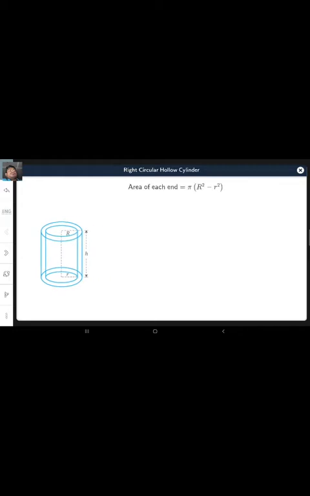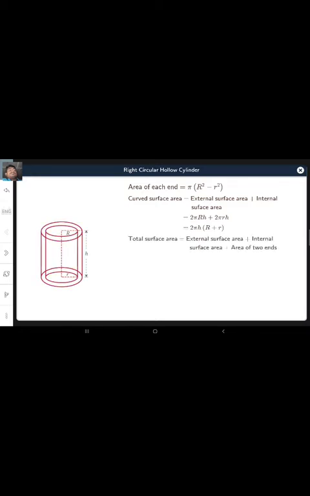The area of the base at each end can be calculated as pi (R square minus r square). The curved surface area is the sum of the external surface area and internal surface area. The total surface area is the sum of the external surface area, the internal surface area, and the areas of both ends.